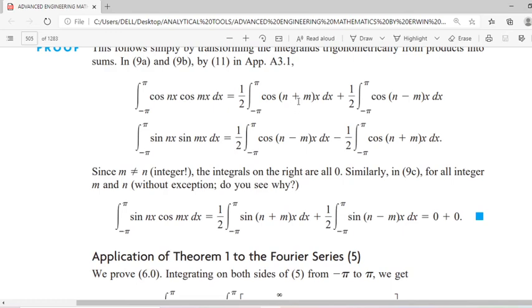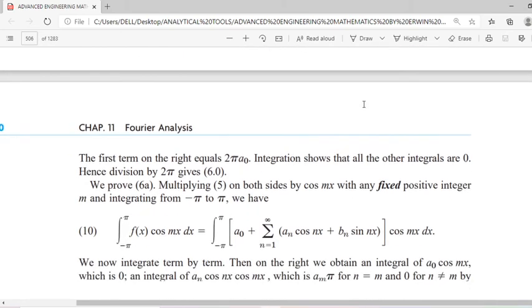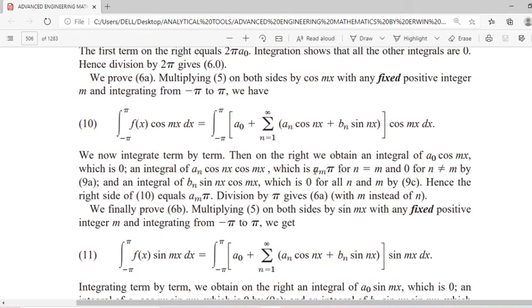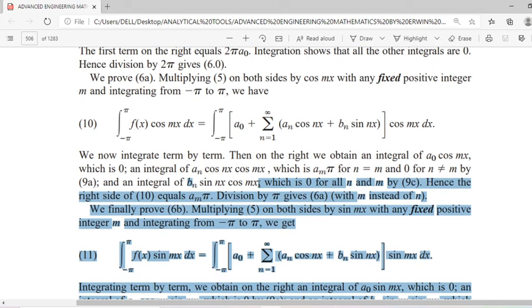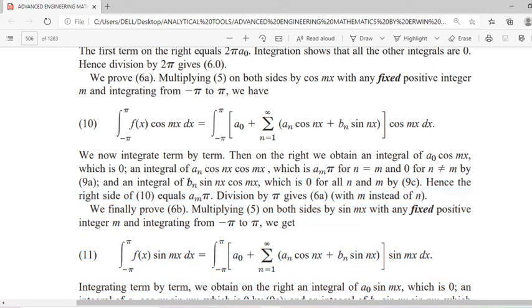If n equals m, this will be pi, so you will get am into pi. And if n not equal to m, it will be 0, as discussed earlier. And the third term will be 0 for all n and m, using the above discussion.